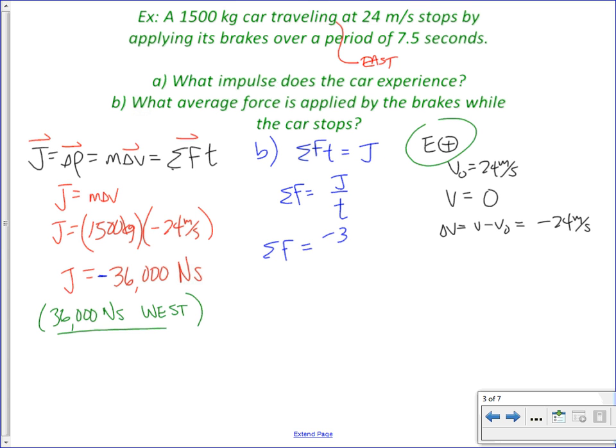I'll go back to the numerical way here. Whoops, not joules. That's tricky, right? J is impulse, but the unit J means joules, not the units of impulse. These have to be the units of impulse divided by our 7.5 seconds.